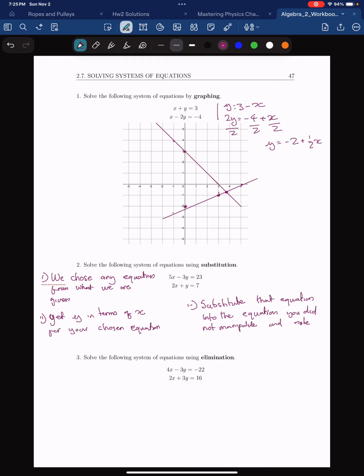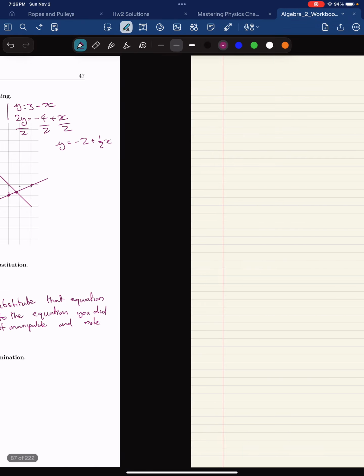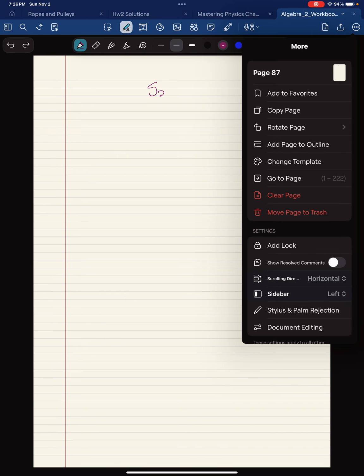I won't do this example. Okay, I'll do the example. I want to do it very fast, but I know we had a lot of practice with this in class yesterday. And really, what I want to show you today is elimination. But let's see. I might need a page to do this. Let me make it blank.